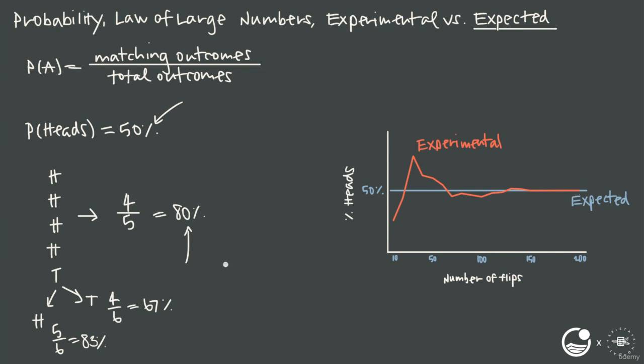If we're flipping a coin, we want to flip it as many times as we possibly can to get a better estimate of actual expected probability, instead of flipping it just a small number of times and relying on whatever our experimental probability figure happens to be.